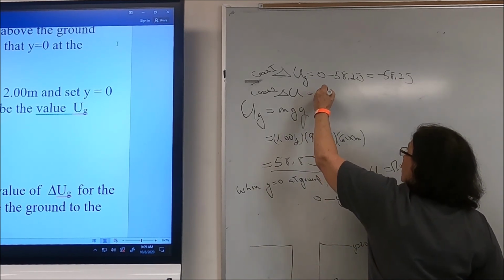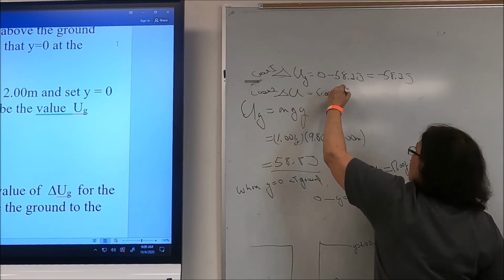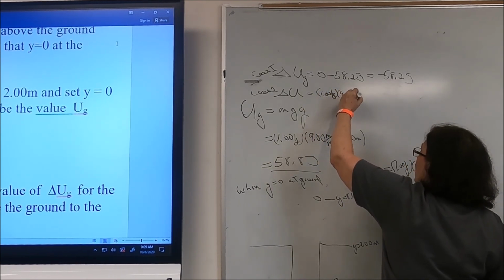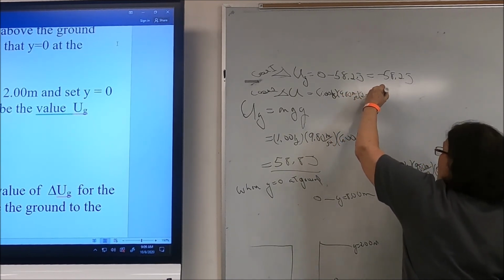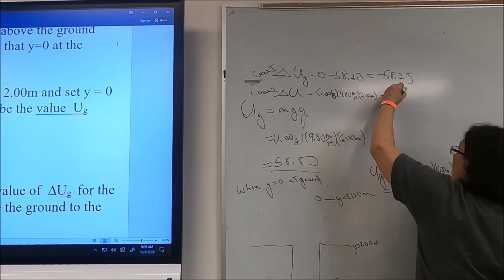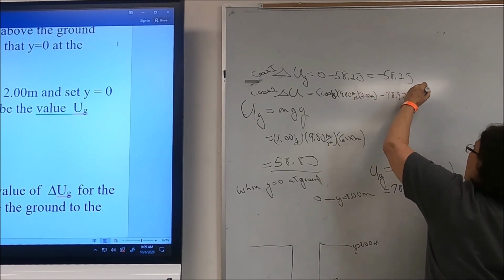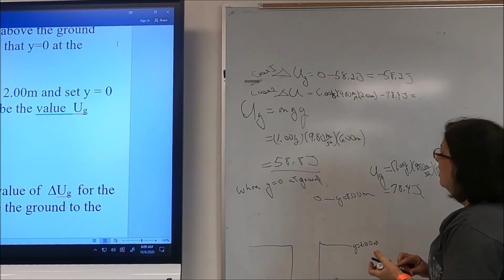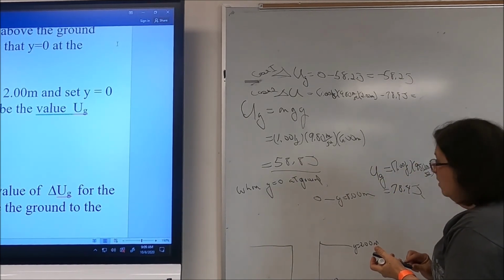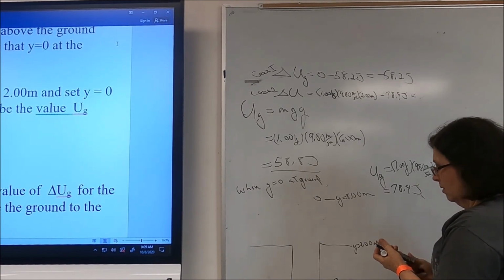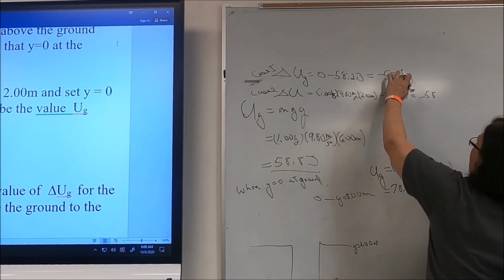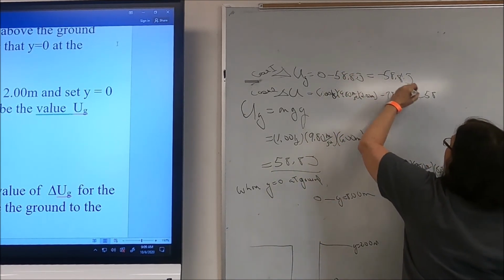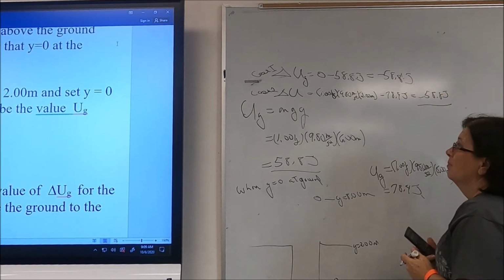I would have a 1 kilogram times 9.80 meters per second squared times 2 meters minus the 78.4 joules, and I would get minus 58.8 joules again.